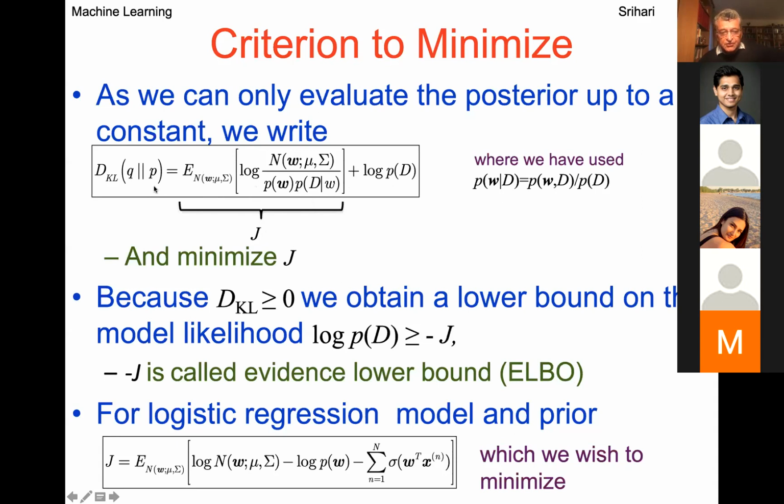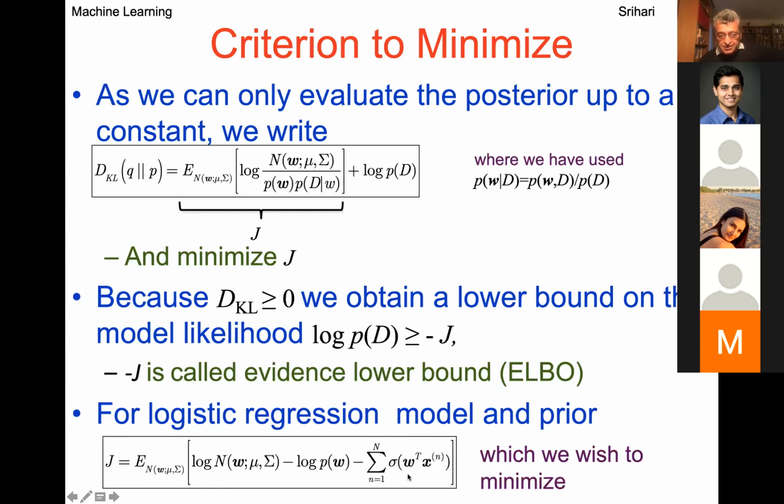And we say that log P of D is going to be larger than this. So you have to look at all the inequalities here, which is positive, which is negative, to conclude that log P of D is greater than or equal to minus J. For the logistic regression model and prior, we plugged in here the form of the logistic regression.